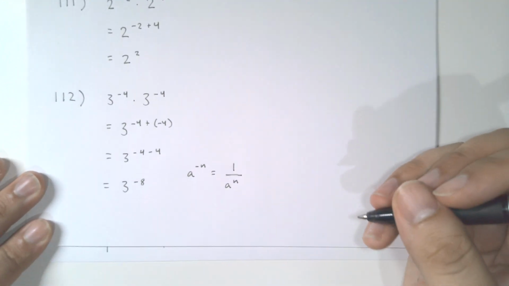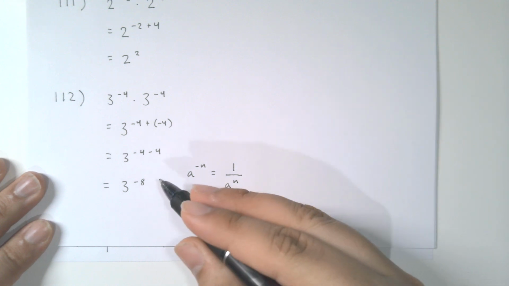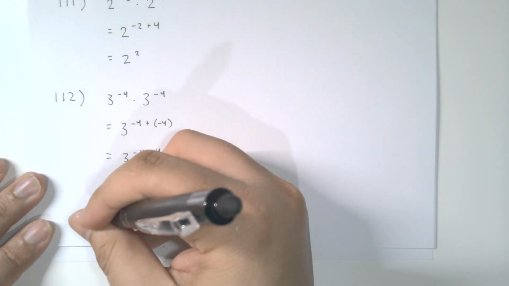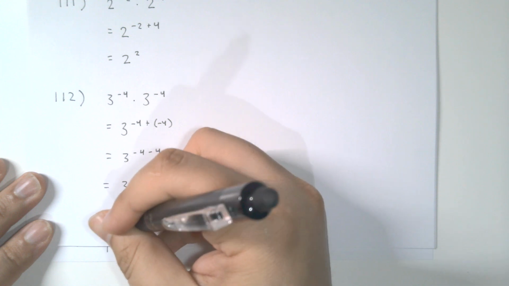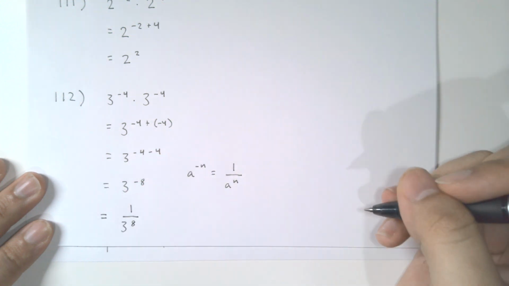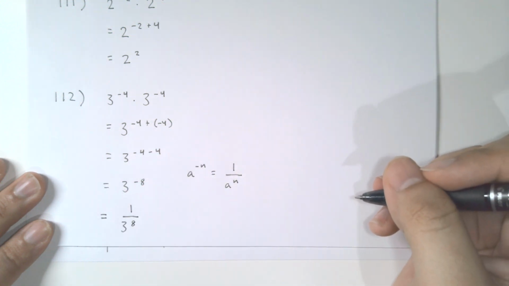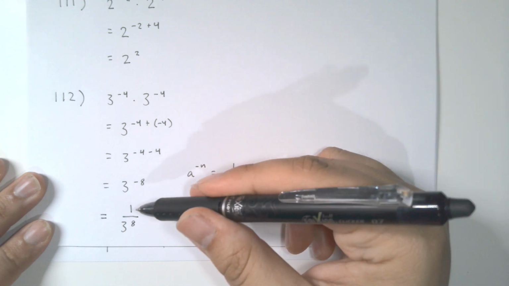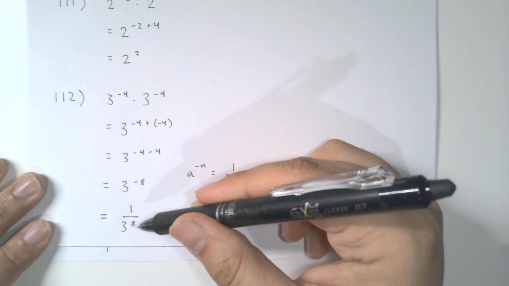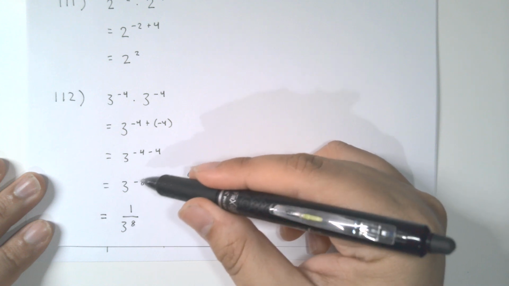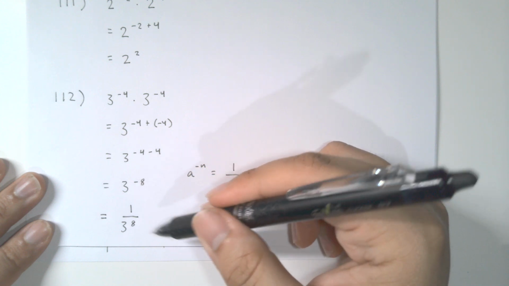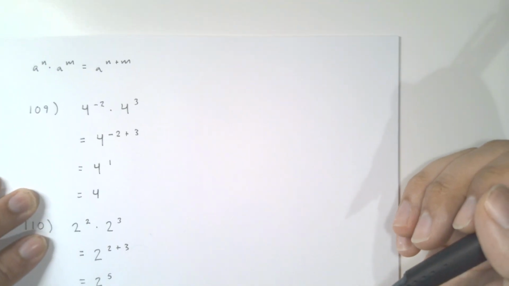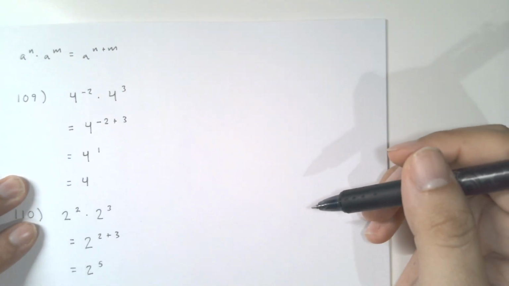And so, in this case, we can just replace this negative 8 and write 1 over 3 to the positive 8th power. If we have a negative exponent, just do 1 over, in this case, 3 to the power of, flip the sign here, and we get 8. All right, so that was 112.